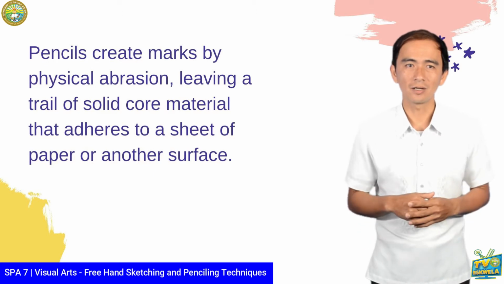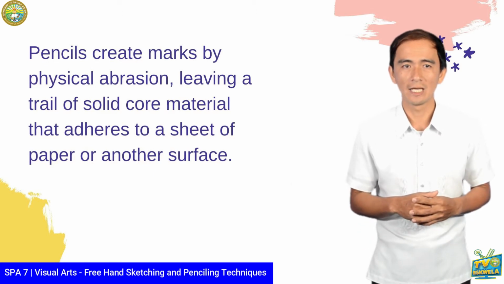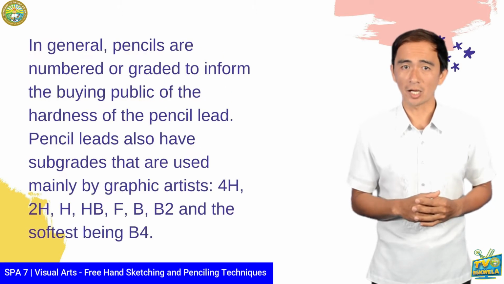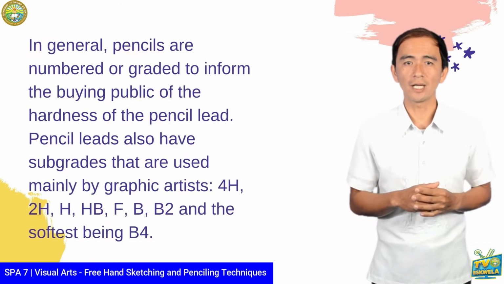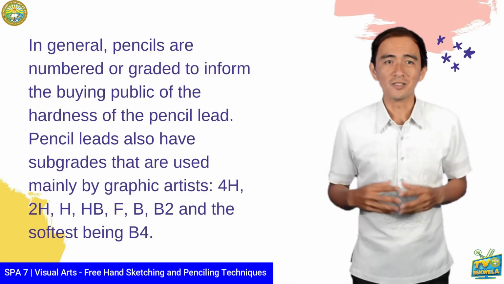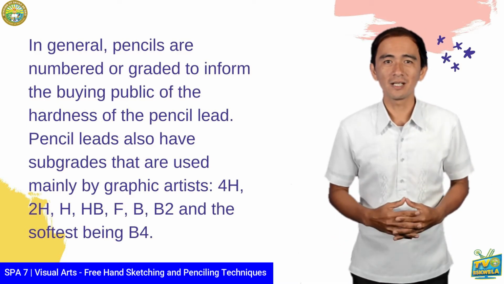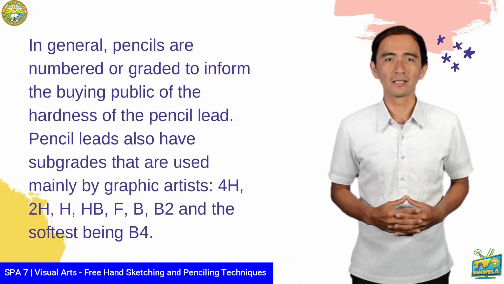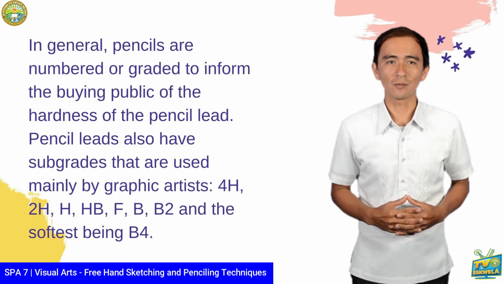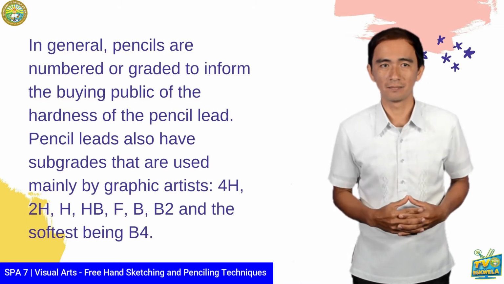Pencils create marks by physical abrasion, leaving a trail of solid core material that adheres to a sheet of paper or another surface. In general, pencils are numbered or graded to inform the buying public of the hardness of the pencil lead.